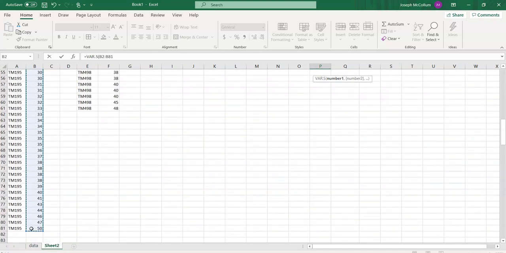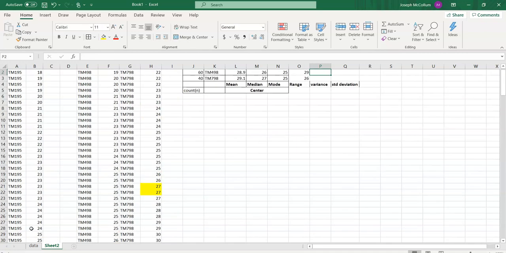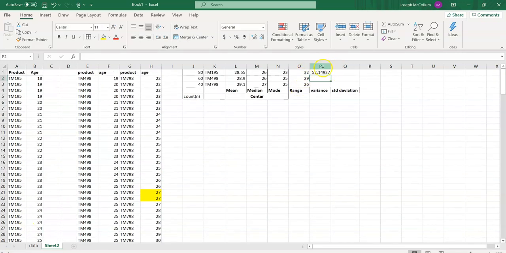If you didn't collect all data points for every single person in the study, then you have a sample. And var.s will easily get you the sample variance. So there is the sample variance for this age group, for this product, the TM195.